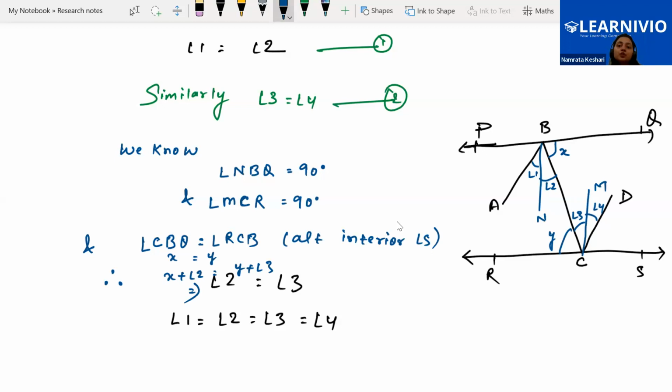Now, we wanted to prove that AB and CD are parallel lines. Let's check, will it help us to prove that AB and CD are parallel? AB and CD are two lines, parallel or not we don't know, where there is a transversal like this.